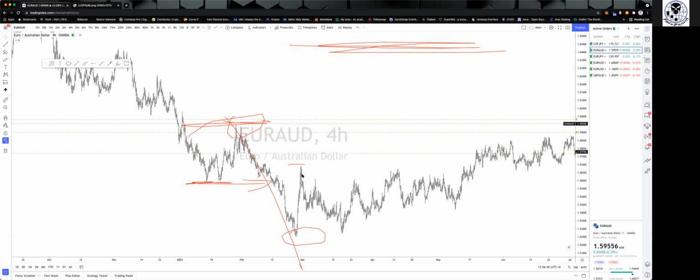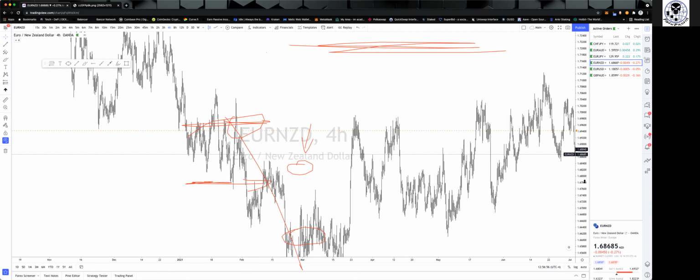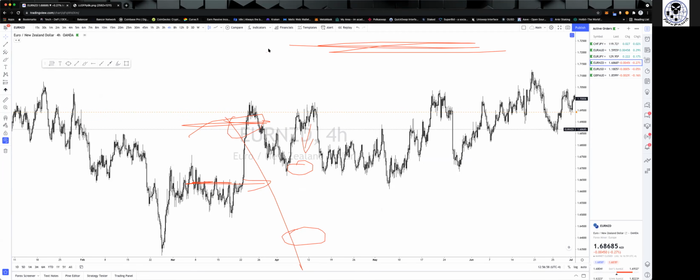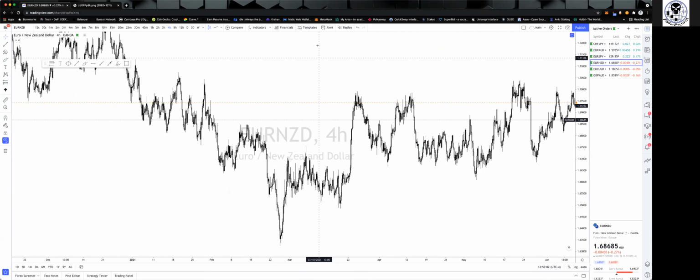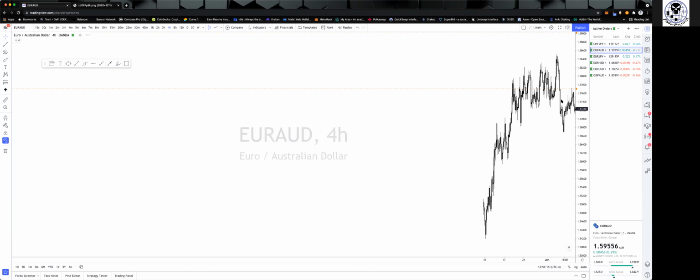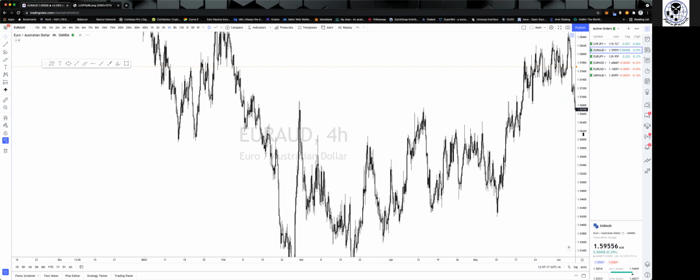This push had broken structure to the upside, and what I mean by that is, if we come over to Euro NZD, we can see that from a market cycle perspective, we had ultimately a redistribution, and then pop. So out of that, this was that intraday break of structure, where on Euro Australian dollar, we did not.